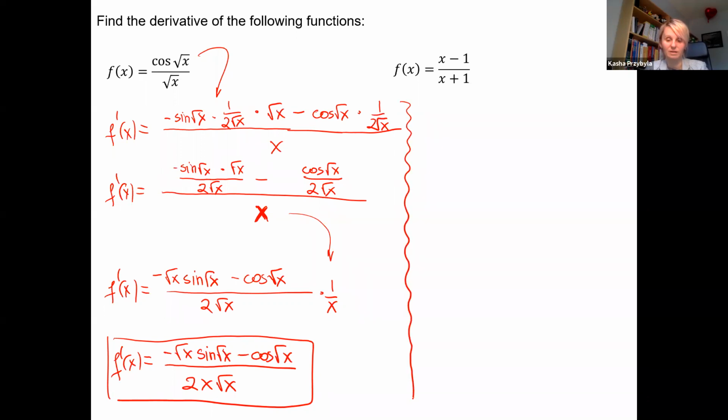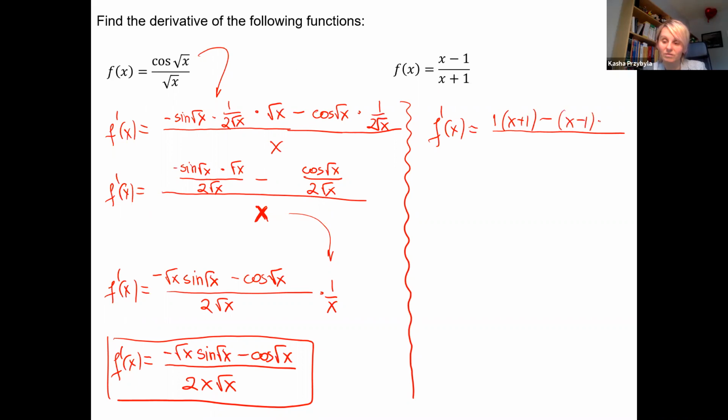Nice simplification. Another function, another quotient rule. This one should be a little bit easier. Derivative of x minus 1 is 1, times x plus 1, minus derivative of x plus 1 is 1.